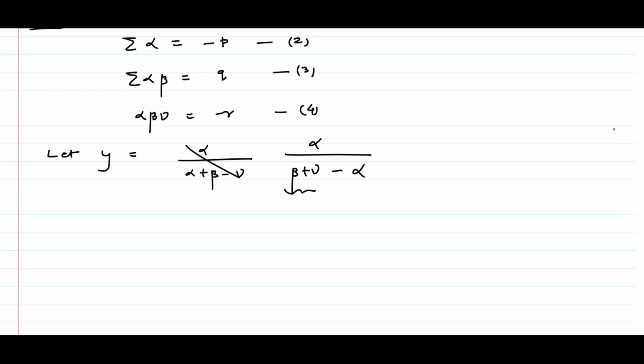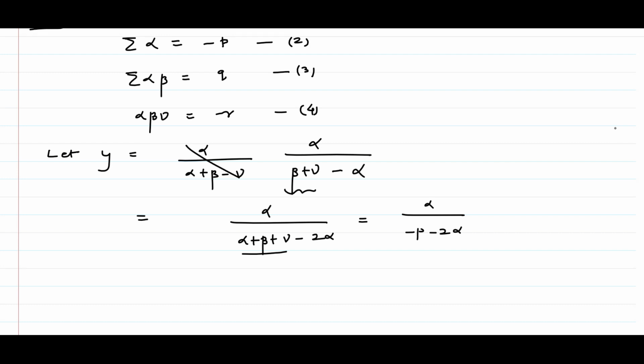So we can write alpha upon alpha plus beta plus gamma negative 2 times alpha. So by using 2, the sum of roots that is negative p, alpha upon negative p negative 2 times alpha.